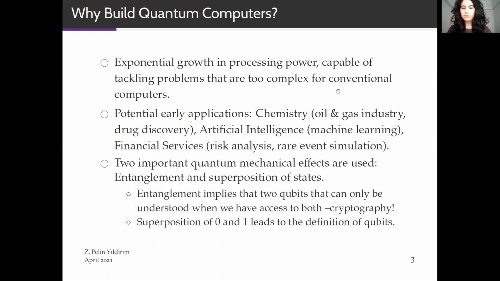If the computational power increases with the quantum computers, it will be stimulating for other disciplines too, such as chemistry or finance, etc. Quantum computers use two very important quantum mechanical effects to store information: entanglement and superposition. Entanglement will be crucial for cryptography, and superposition makes it possible to have values other than 1 or 0 only.